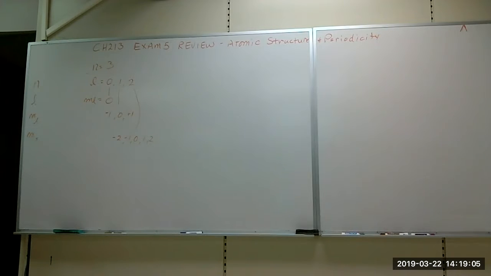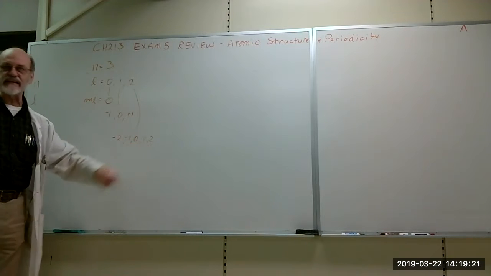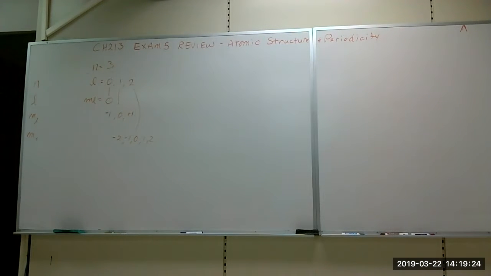So that means if n equals 3, we should have 2, 4, 6, 8, 10, 12, 14, 16, 18. So for energy level 3, we're counting all the elements that are filling the third energy level. 1, 2, 3, 4, 5, 6, 7, 8, and then 9, because this is 3D.